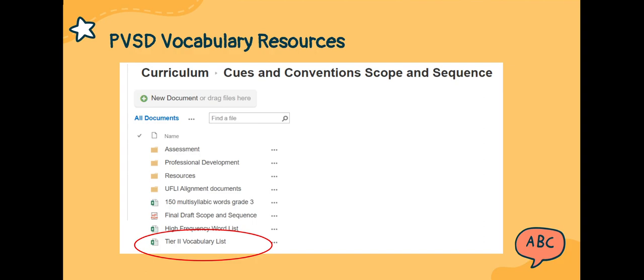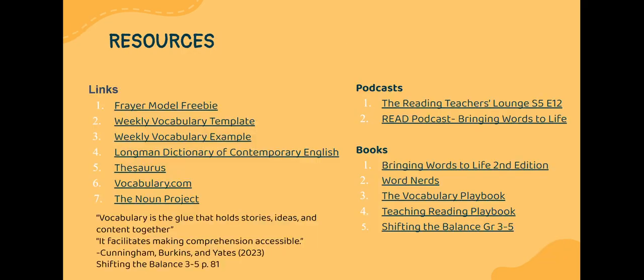You'll find these lists in Curriculum and Instruction under Language Arts in the Cues and Conventions Scope and Sequence folder. There are also plenty of online resources, books, and podcasts to help take your learning of vocabulary instruction further. Your learning facilitators are happy to support in classrooms with comprehension and language strategies to help your students with their reading, writing, and thinking.